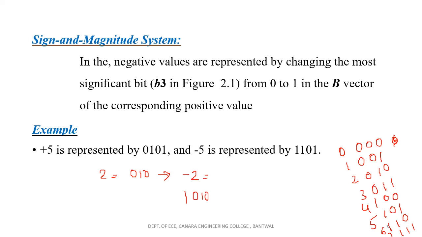This becomes minus 2, where 1 represents the sign and the rest, 0, 1, 0, represents the magnitude. So this is how we represent a binary number in the sign and magnitude system.